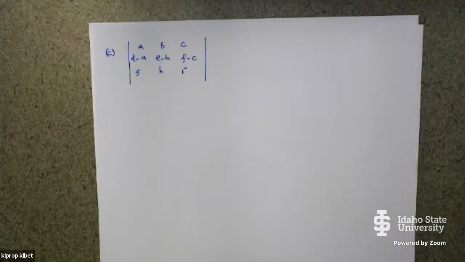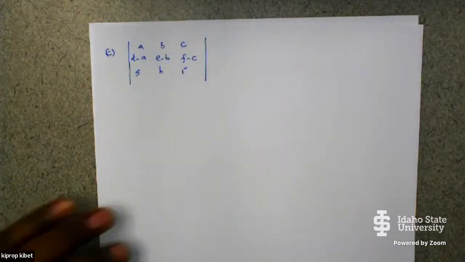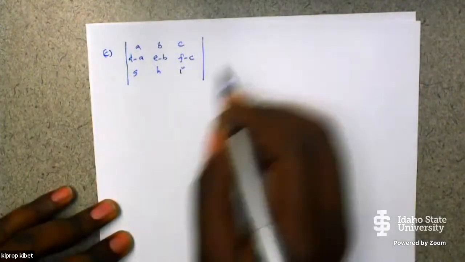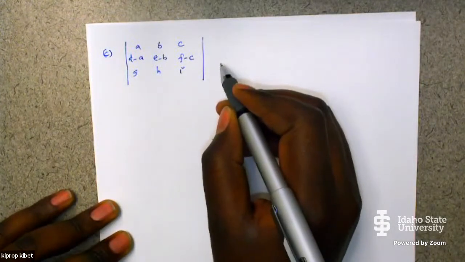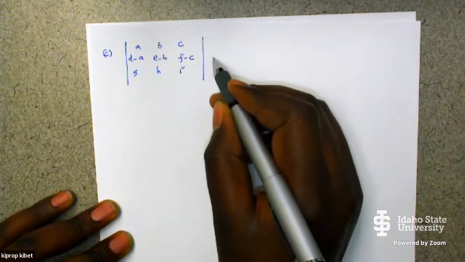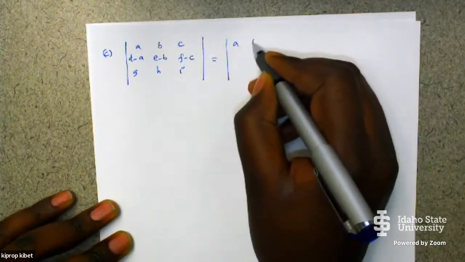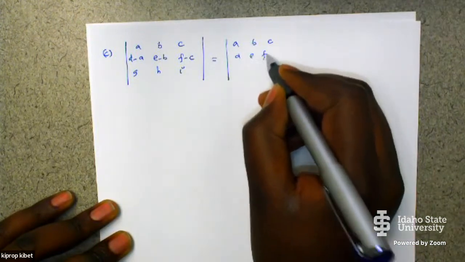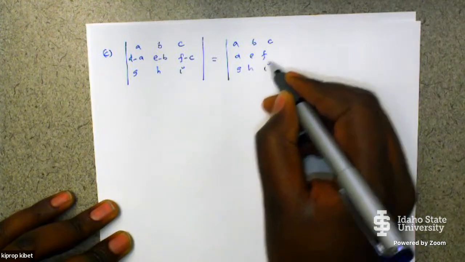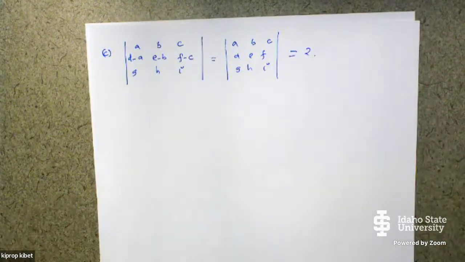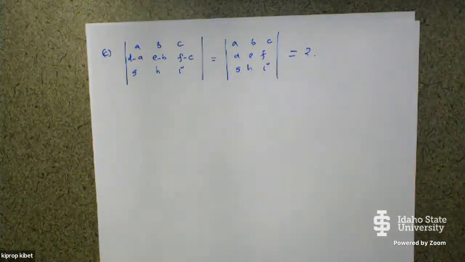So using property number 1, this is the same as the determinant of A, B, C, D, E, F, G, H, and I. So it doesn't change anything. The determinant is still the same.